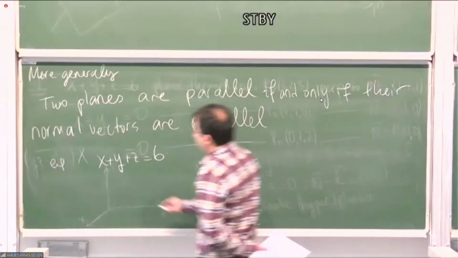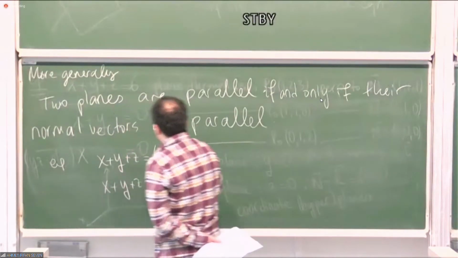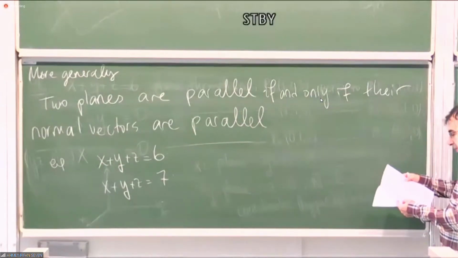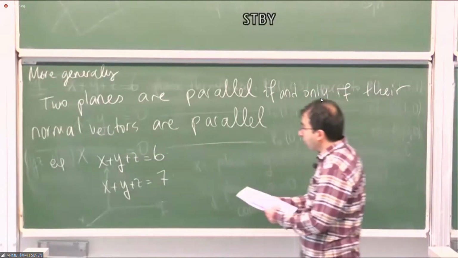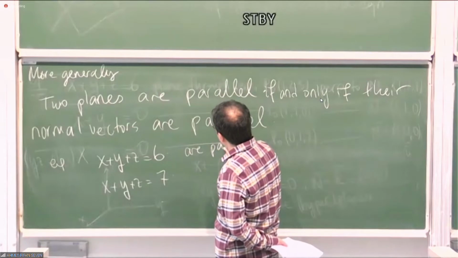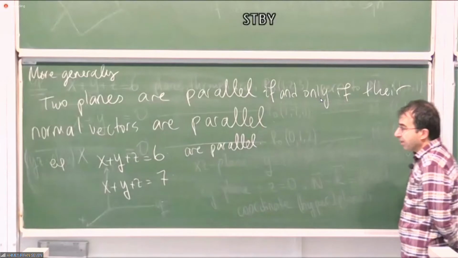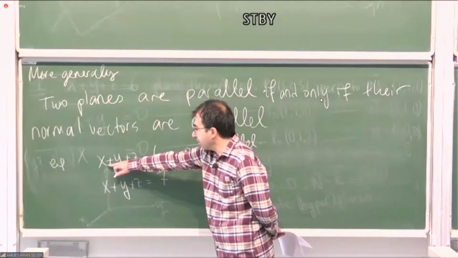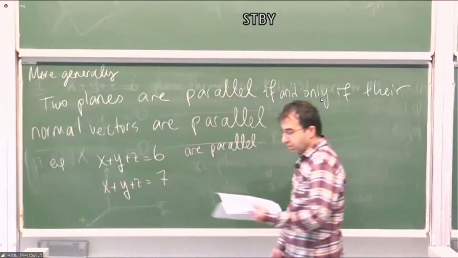Another plane, let me write, 7. Well, these planes will be parallel. Why? Because their normal vectors are parallel, right? In fact, the same. So the normal vector here is 1, 1, 1. The normal vector here is also 1, 1, 1.